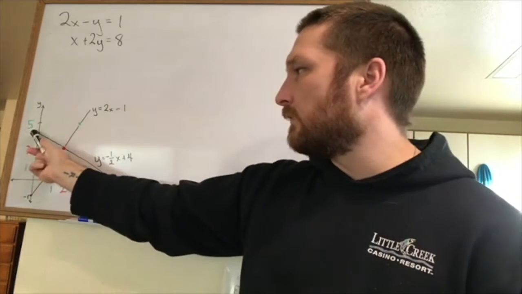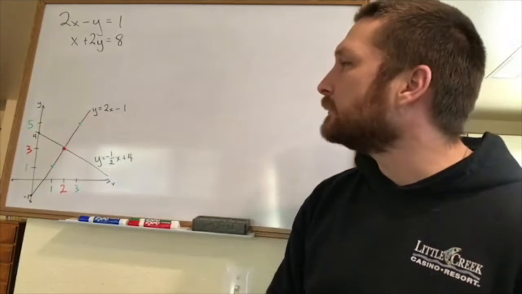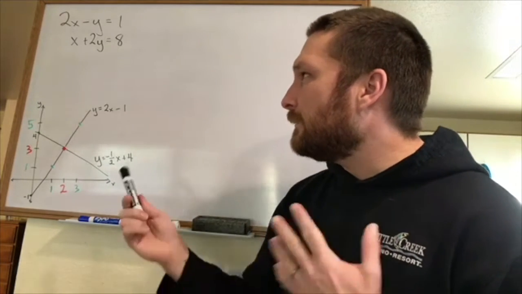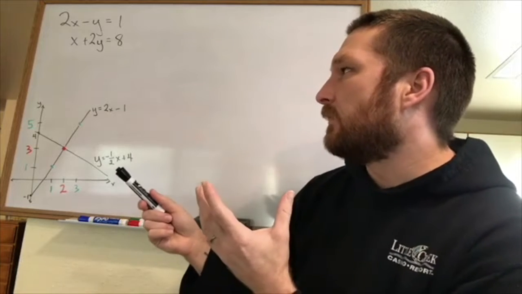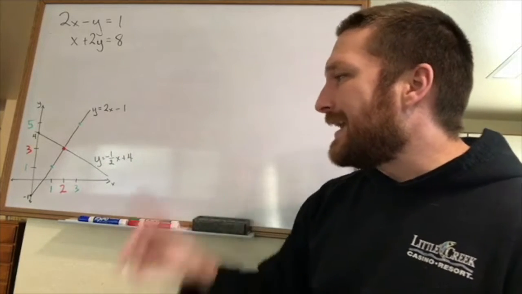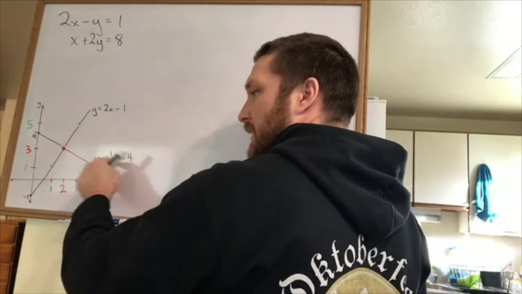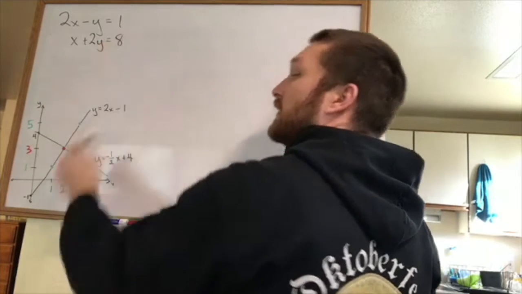So it goes through here, 4. It has a negative slope of negative 1/2. And by the same exact reasoning we had before, I could take this, rearrange it, multiply it by any number, and any point that is on this line right here will work.